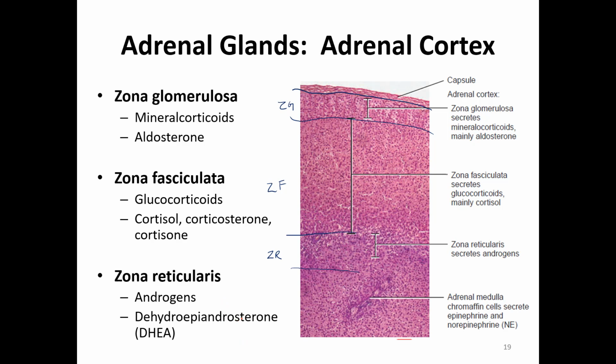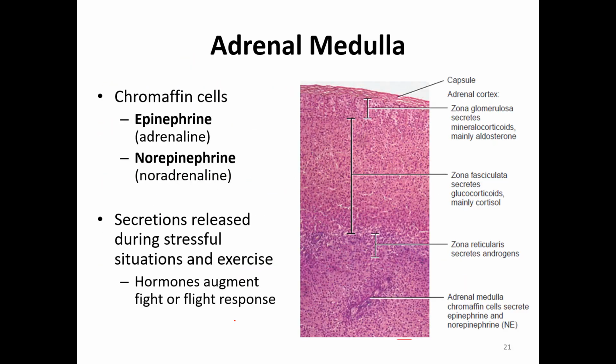Okay. So moving on, the next thing we need to talk about are the hormones that come from the adrenal medulla. And I said we would focus on two, epinephrine and norepinephrine. The adrenal medulla is easy to locate because it's at the center, and often we will find that cells in the cortex are packed tightly together. Cells in the medulla tend to have more space between them.